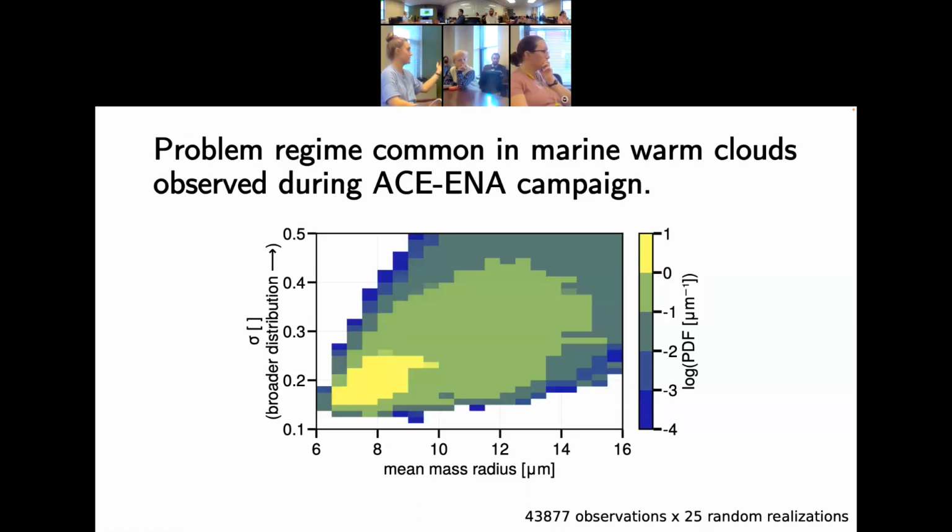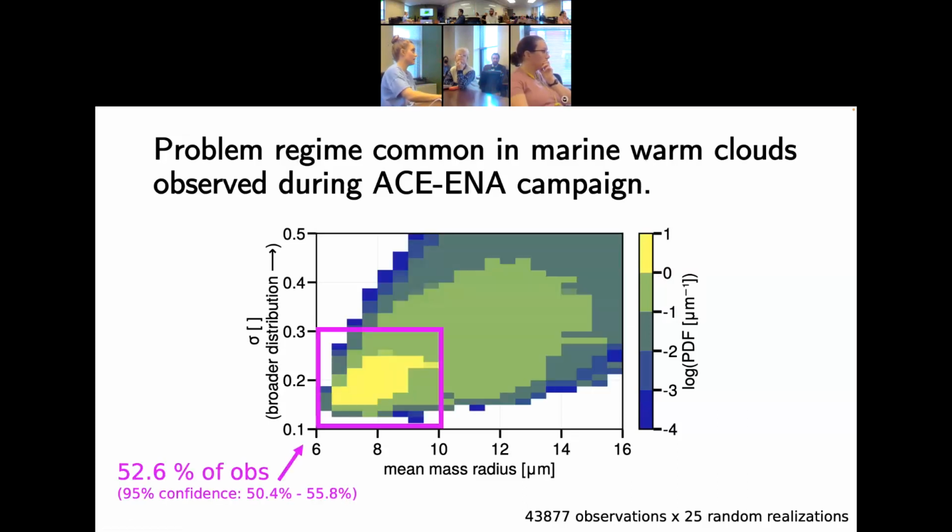About 50% of the observations are in this regime of narrow distributions with small drops in this campaign. This is about 40,000 observations. Clearly this needs to be investigated over more field campaigns, but it does seem to indicate, at least in this campaign, that this problem regime where the CMIP6 assumptions break down is fairly common in observational clouds.